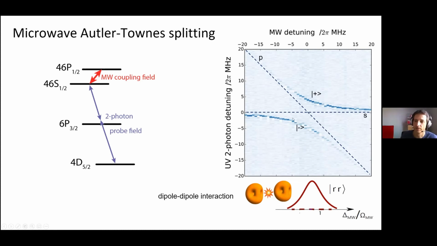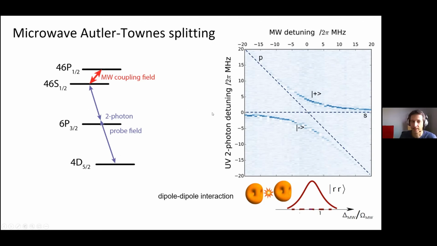You can look where your resonance is, and depending on the tuning of the microwave field, if you're on resonance with the transition here, you will of course see an equal splitting of the plus and the minus state, which are the two dressed levels of S plus P and S minus P. Of course, if you're detuned, then you can only excite the S level, because that's where your 2-photon excitation goes to.